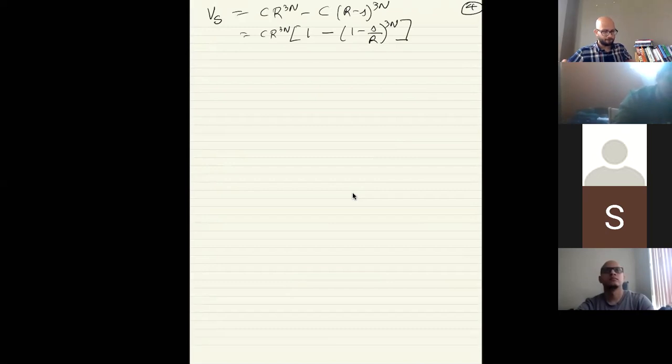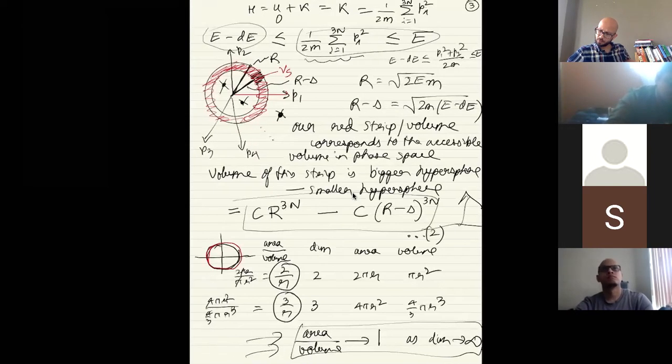I'm going to say that s by r is much smaller than 1. Okay? So I am saying that if this is true, if 0 is less than s by r, and again, what is s?